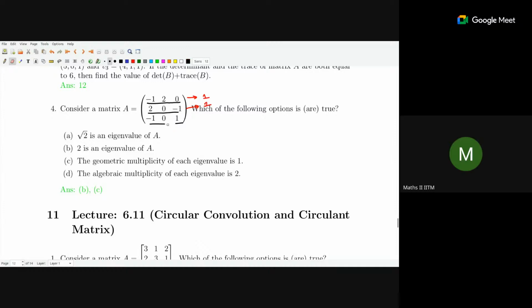Oh, sorry, the last row is 0. But some relationship is there, I think. Okay, then there is no shortcut. I think we should go with det of A minus lambda I equals 0.